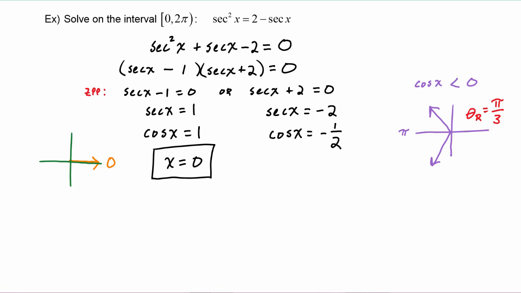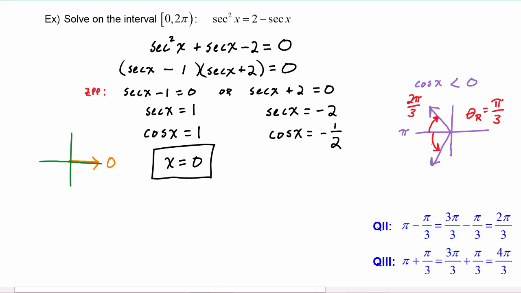Now in quadrant 2, we will start at pi and we have to back up by pi over 3. So pi minus pi over 3 is going to be 2 pi over 3. In quadrant 3, we will start at pi and go forward by pi over 3, which means we have to add pi over 3.